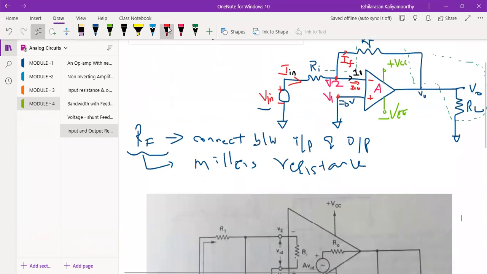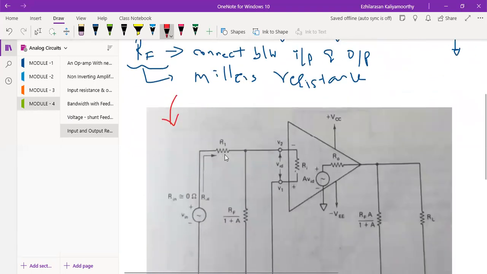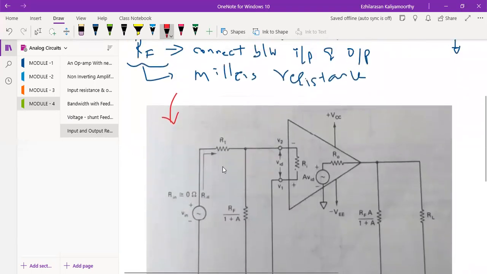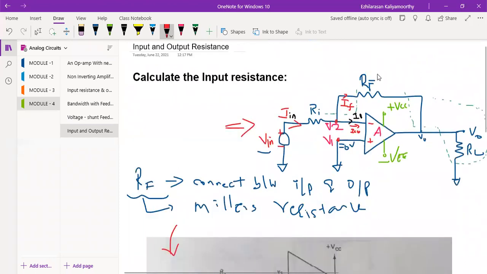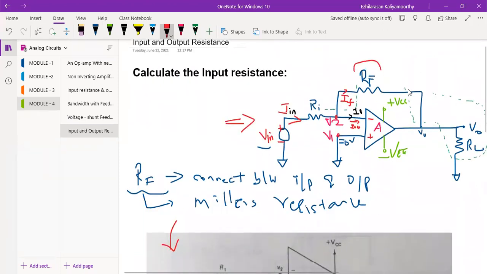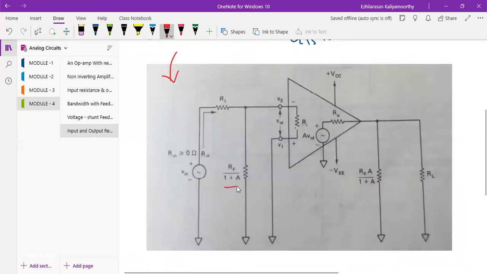Compare these two diagrams. The input resistance RA is there. Next, we can see that the feedback resistance RF is divided here, one on the input side and one on the output side.